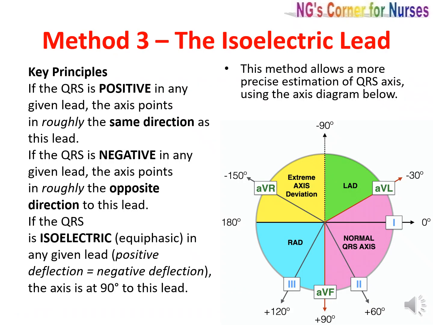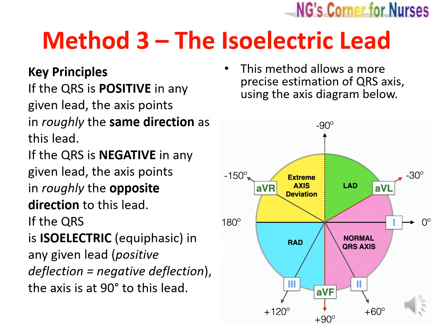Next, coming to the third method, the isoelectric lead. This method allows a more precise estimation of QRS axis using the axis diagram below. If the QRS is positive in any given lead, the axis point is roughly the same direction as this lead.